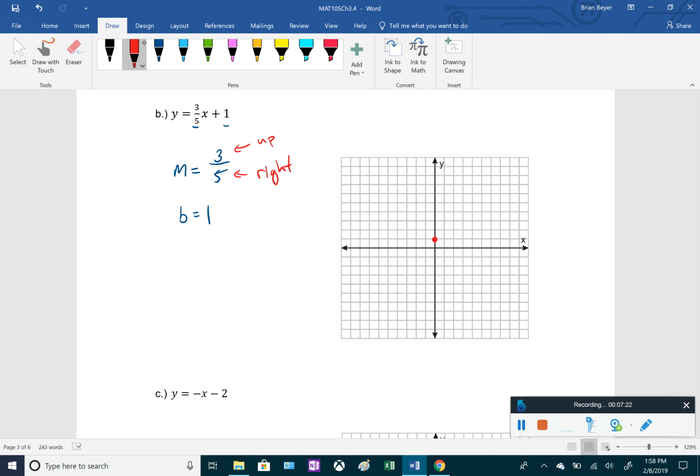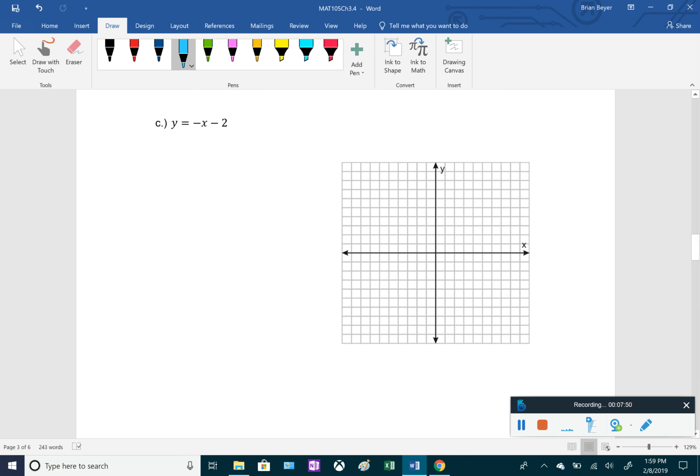So we go up 3, 1, 2, 3, to the right 5, 1, 2, 3, 4, 5. Connect those with a straight line, and we're done. And that's y equals 3/5 x plus 1. I'll just label, this will be the last one that I label like this, but we go up 3 to the right 5.